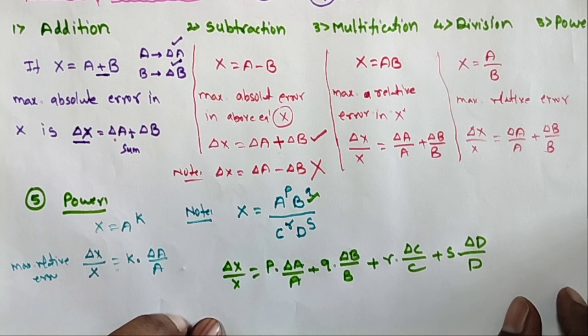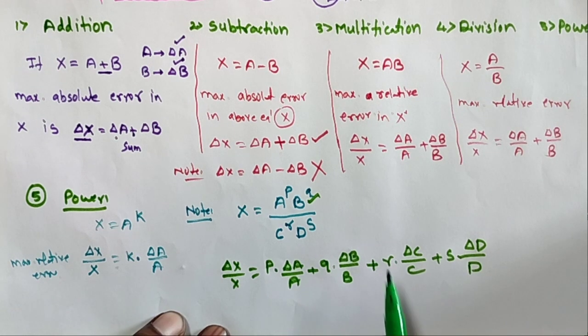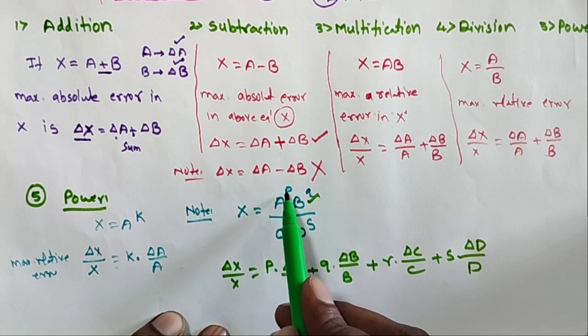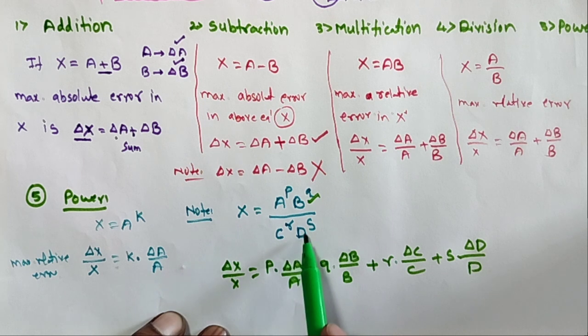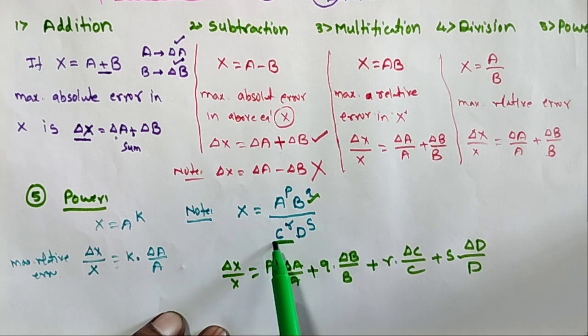Sometimes some members take the minus, but the general formula for A power p, B power q, C power r, D power s is p into delta A by A plus q into delta B by B and so on. For C power r, don't take a minus value. Suppose C power minus r is given, that is different.